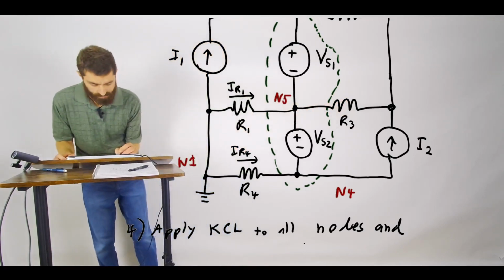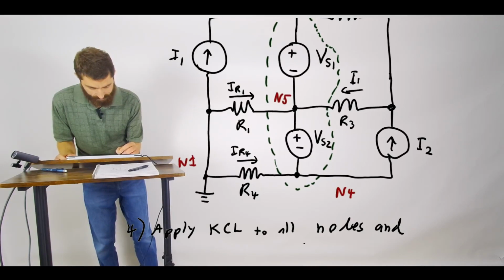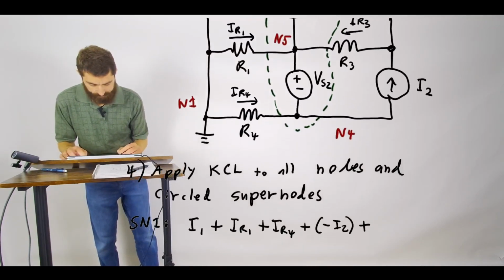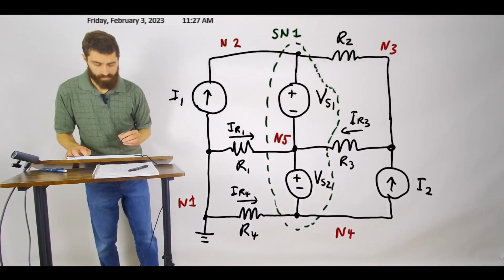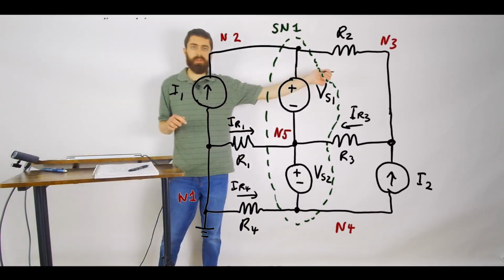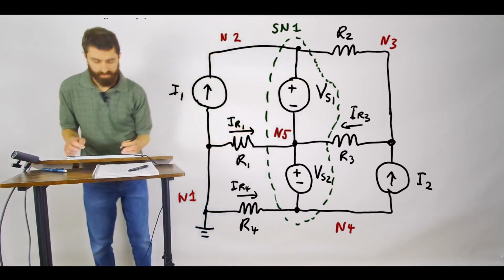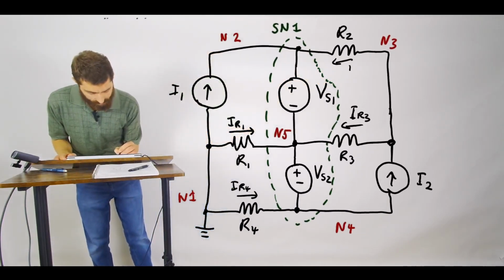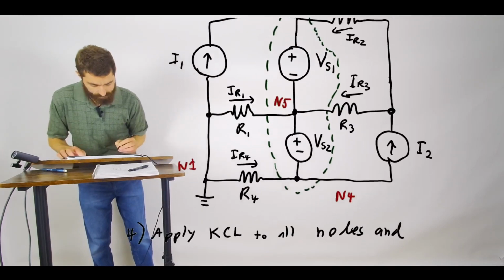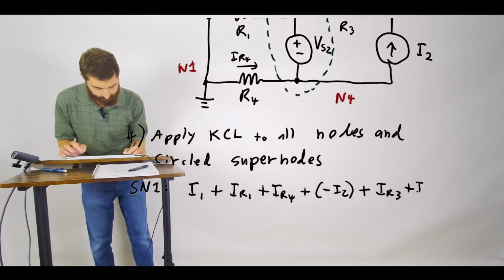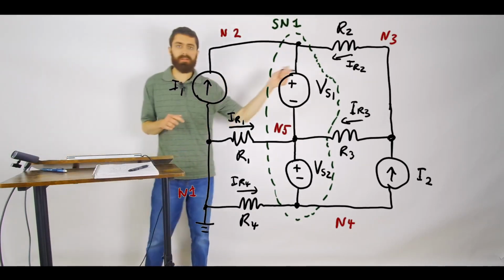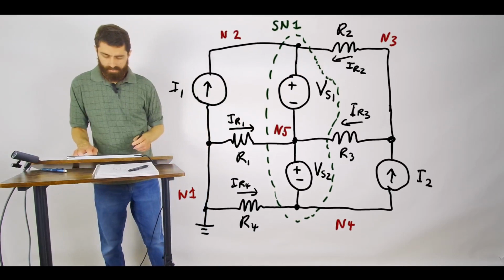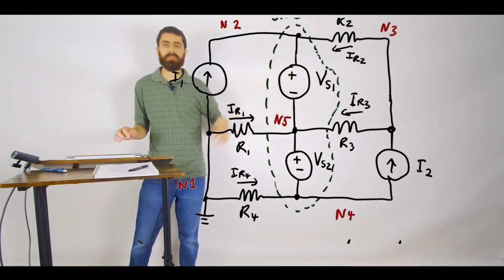So we'll define that as IR3 plus the current coming in on R2, IR2, and that is all equal to 0.